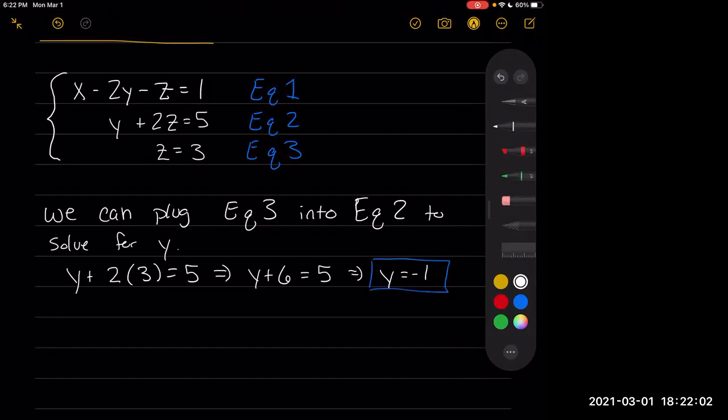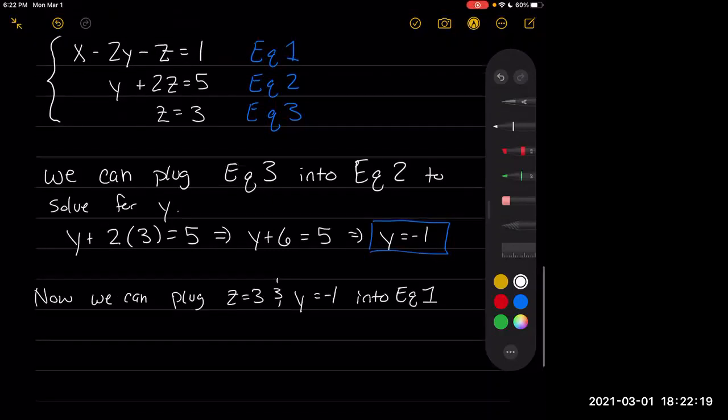And now we can plug z equals 3 and y equals negative 1 into equation 1 so we can solve for x. So we have x minus 2 times negative 1 minus our z, which is 3, equals 1.